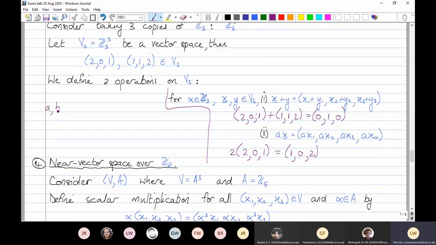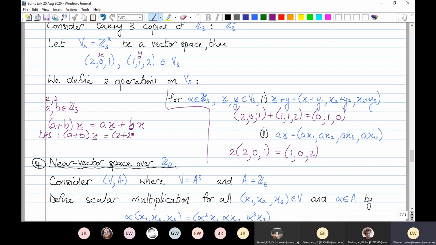So if I have A and B in Z3, 2 scalars, let's say 1 and 2, and I look at (A plus B) times X, let's say that is X and that is Y. This is exactly going to be A times X plus B times X, because on the left-hand side I have (A plus B) times X. Let's make both 2, otherwise I'm just going to multiply by 0.